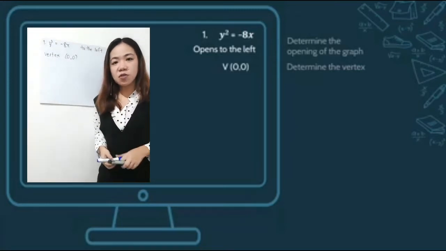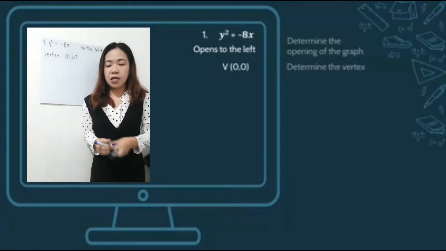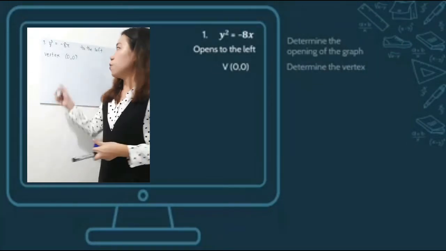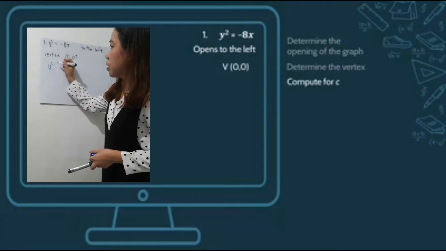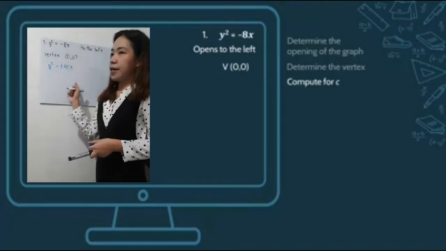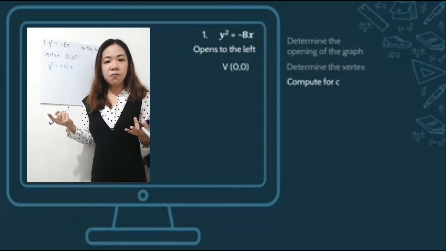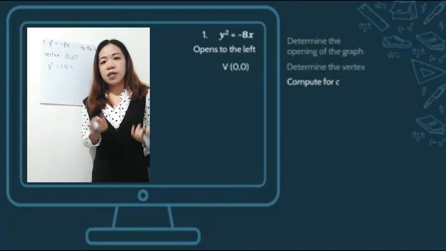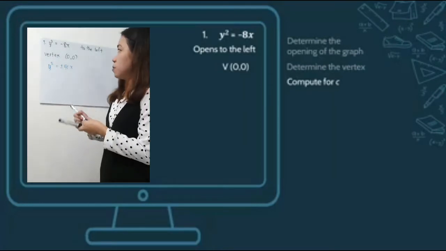So it's at the origin (0, 0). Then the next thing to do is compute for c. Okay, how do we compute for c? Remember, its form is y squared equals positive or negative 4cx. Positive for those which open to the right and negative for those which open to the left. Now, how do we compute for 4c? Simply equate.